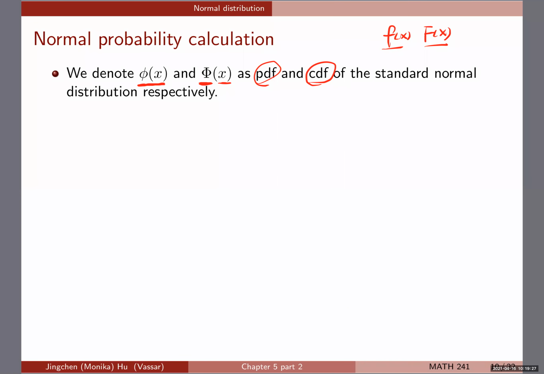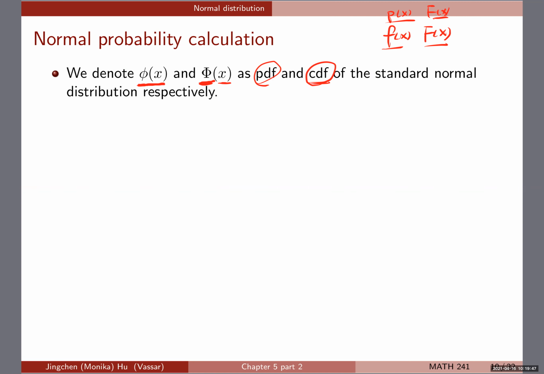And we used p(x) and F(x) when we were dealing with the discrete case. But now we have specific notations for the normal, just because it's so widely used. So we use small phi of x to denote the PDF, and capital phi of x to denote the CDF.